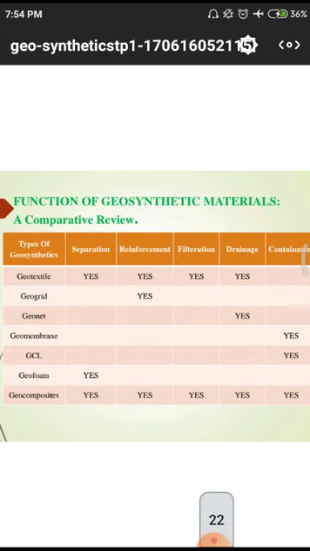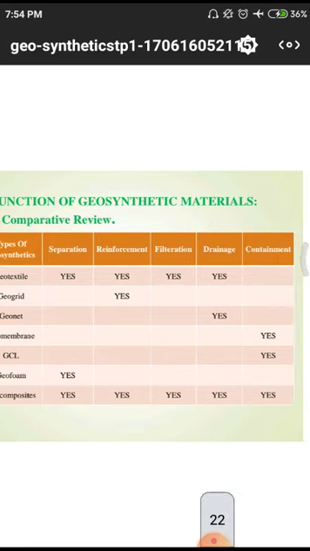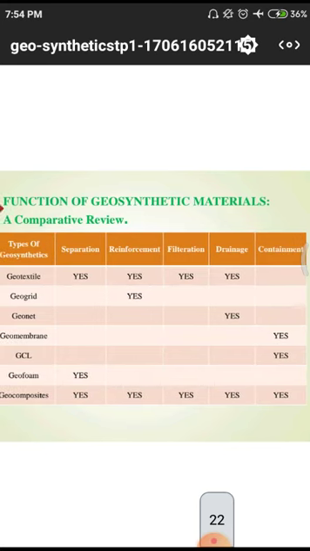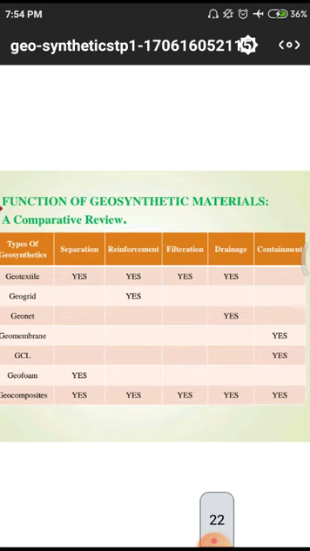And what are the different functions in these different areas? First of all, we have to observe that we have different materials: geotextiles, geogrids, geonets, geomembranes, geosynthetic layers, geofoam, and geocomponents.